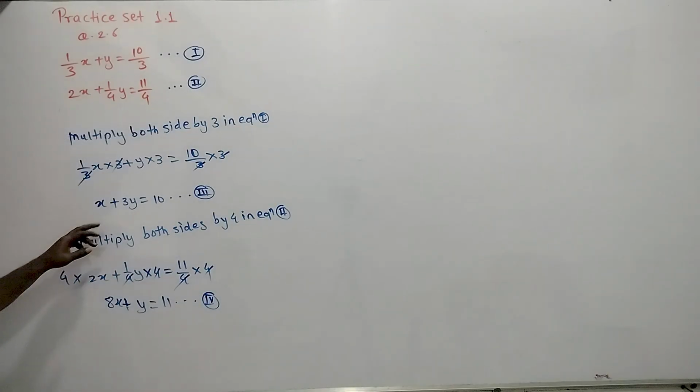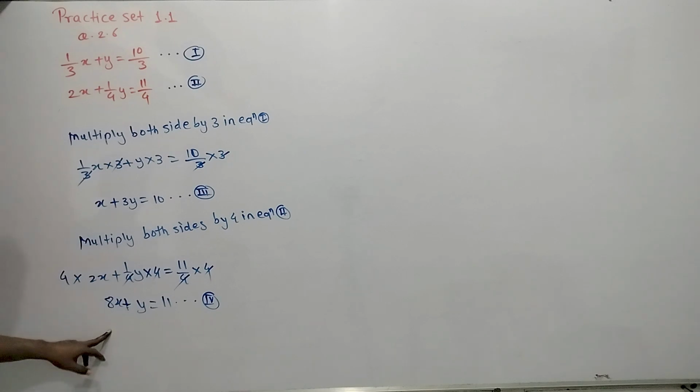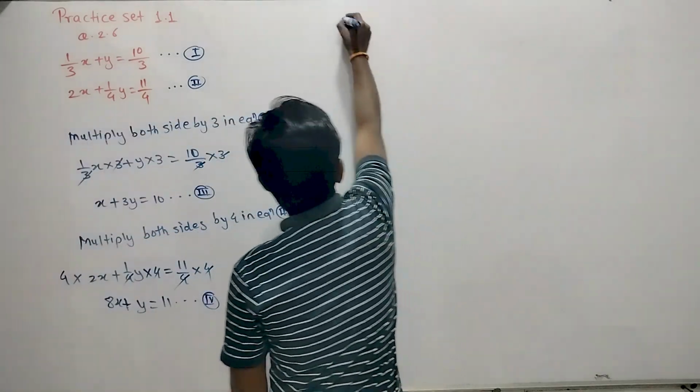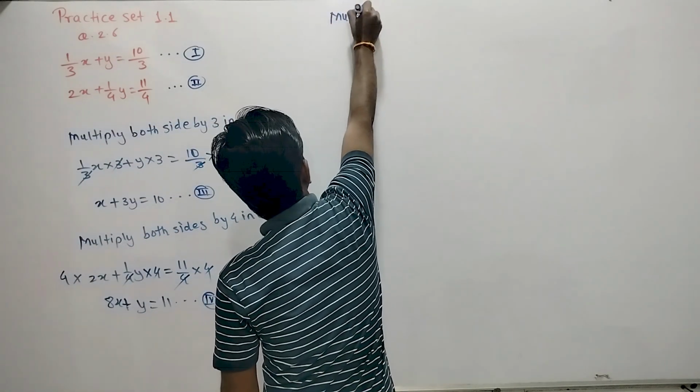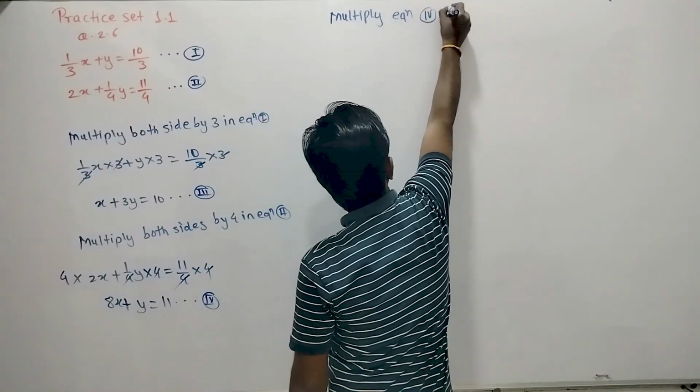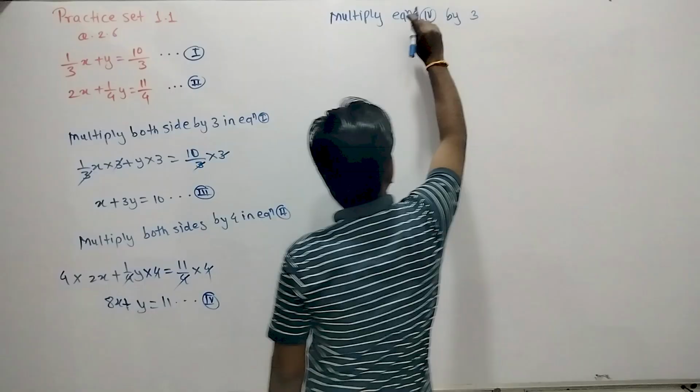So in equation number 3 and equation number 4, no coefficient is common. So either we are going to multiply third equation by 8 or multiply equation 4 by 3. So let's multiply equation 4 by 3.